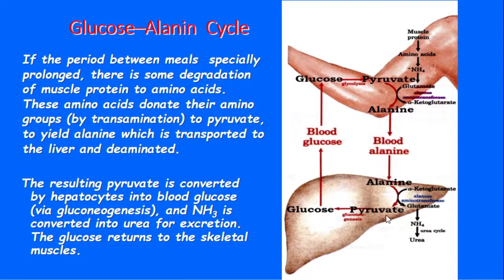Pyruvate, which will be released after this, can be used in the liver for gluconeogenesis, and glucose can return to the muscles by blood. It's very similar to the Cori cycle that we learned in the first semester, but the Cori cycle is the glucose-lactate cycle. It means lactate after formation, if it cannot be converted back to pyruvate, meaning oxygen is not coming in enough quantity, can also, like alanine, go to the liver for gluconeogenesis.